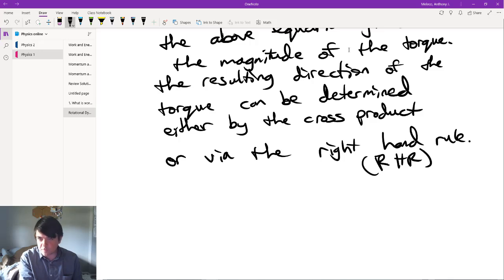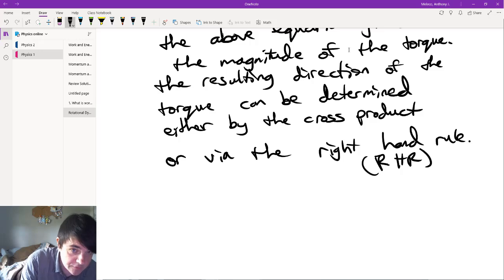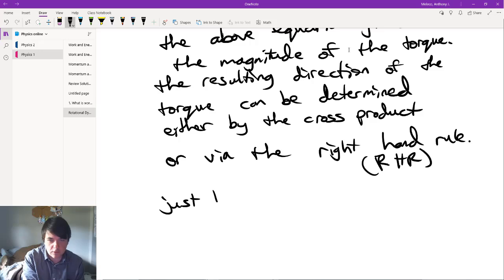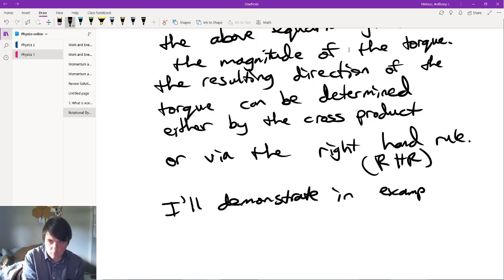We will do more stuff with right hand rule in physics 2. And if we need it for an example, I'll show you how to do it.